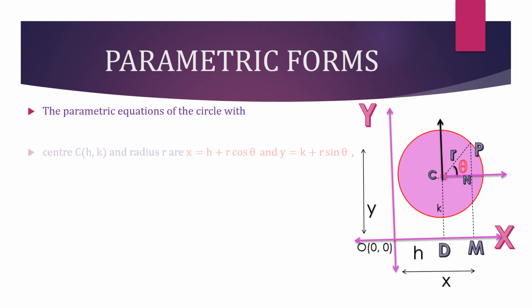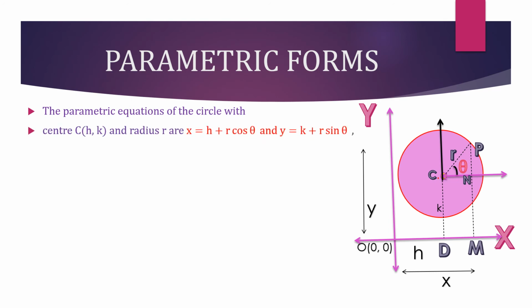Now the parametric equations of the given circle are x equals h plus r cos theta, y equals k plus r sin theta. Now I am telling about the proof of these parametric forms.